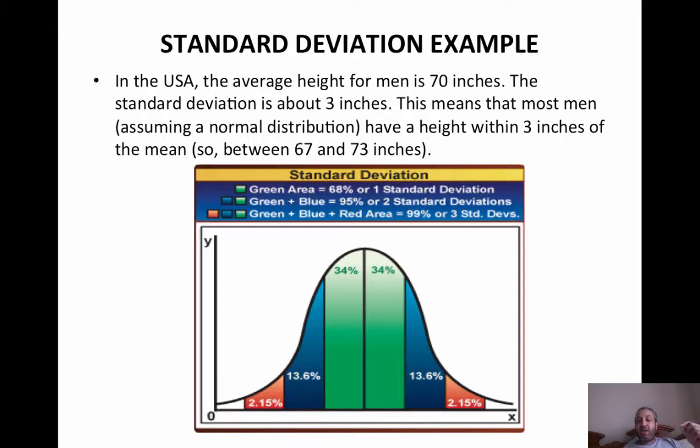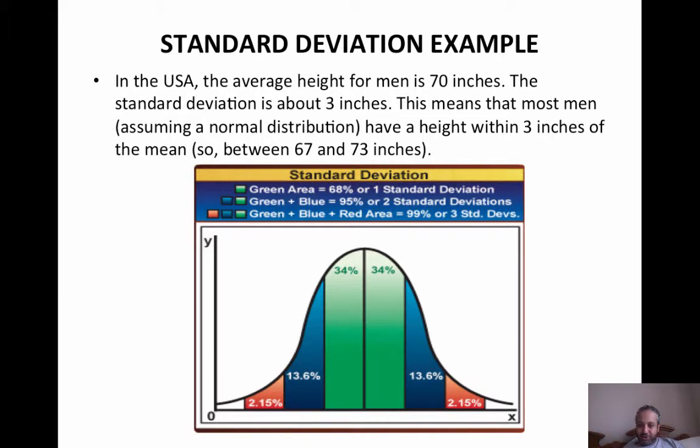And then if you add another, that's about 27%, right? You're at 95%, approximately. So now you can say that 95% of men are within 2 standard deviations of the mean height for men in the United States.